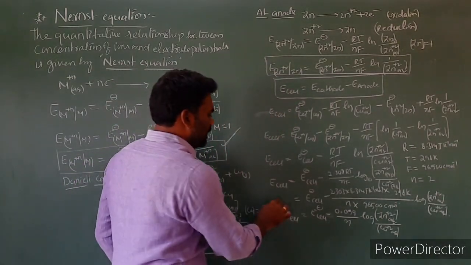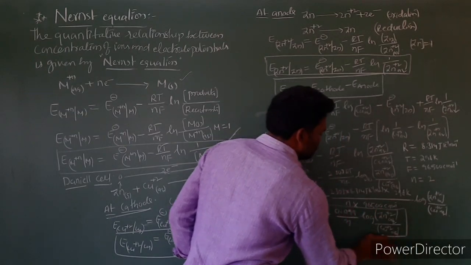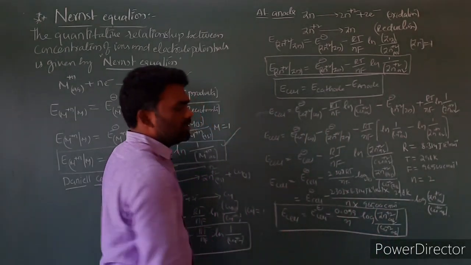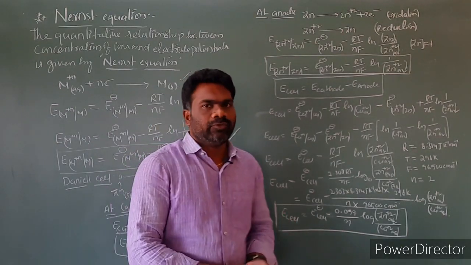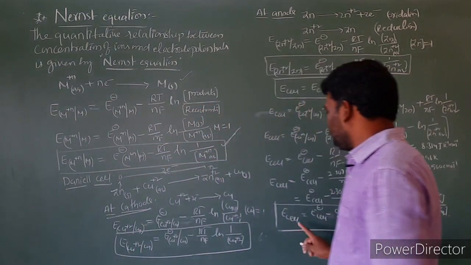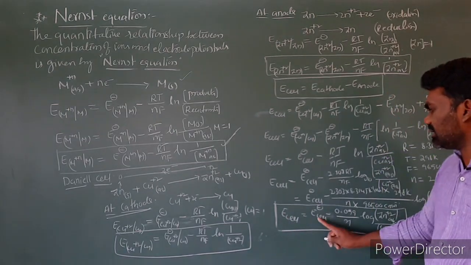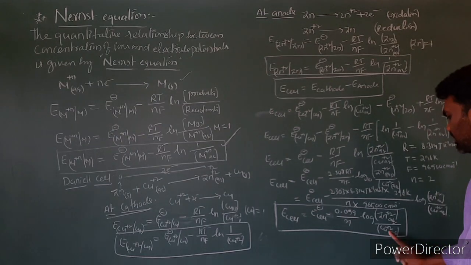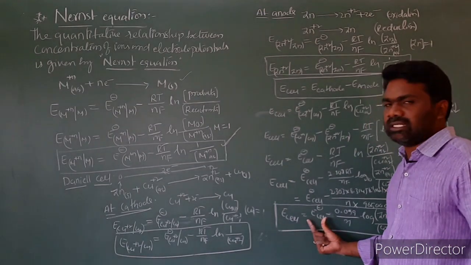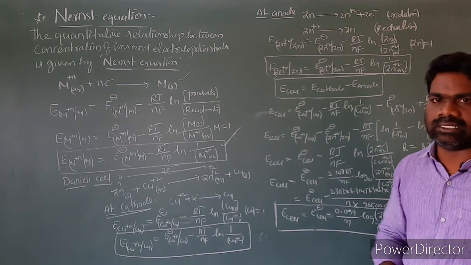So this is the equation we will get. Using this equation we are able to calculate the cell potential. E cell we have to calculate if E naught cell is given. If the concentration of Zn2+ is given, concentration of Cu2+ is given, and E naught cell is given, we are able to calculate the cell potential of this Daniell cell.